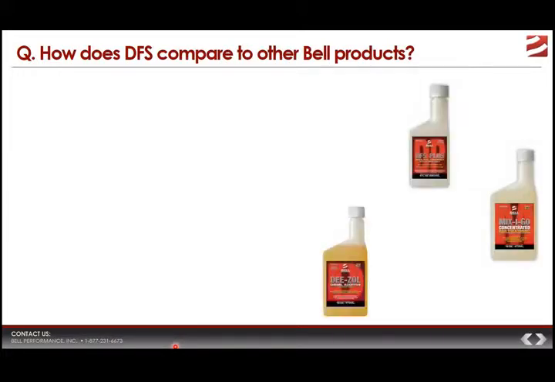How does it compare to other Bell products? Well, what we said earlier was that traditional Bell products, multifunctions like diesel, have had water controlling components in them, which are non-alcoholic fluorosurfactants.